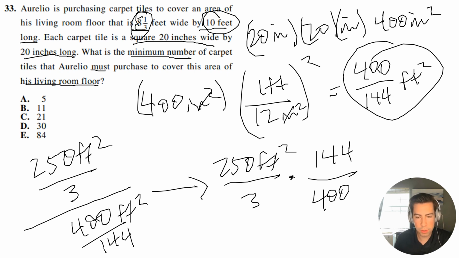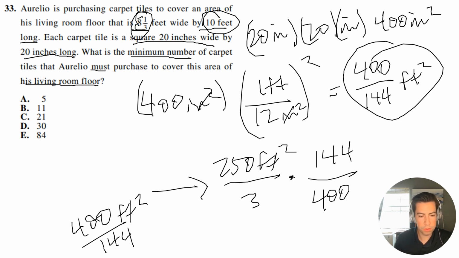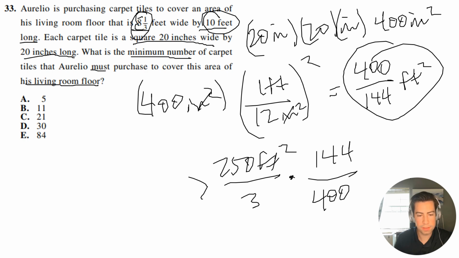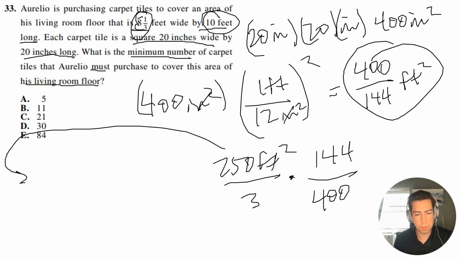So what I want to do is go ahead and simplify this as much as I can. Let me clear some more space so I have room to show you the full simplification method. Technically you could just use your calculator, but it's good to get used to mental math. It kind of helps prepare your brain. So 250 and 400, I can pull out a 100 from both of these.